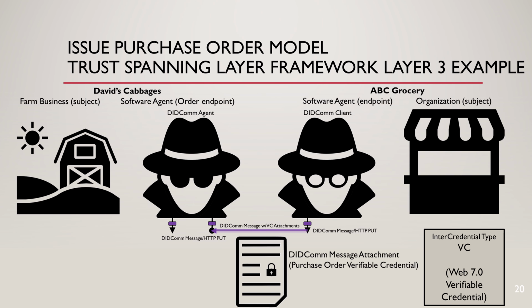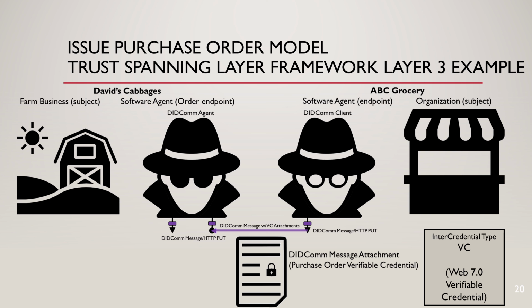Here's the idea of issuing a purchase order and using verifiable credentials to embed or to represent that purchase order. On the right-hand side here, we have ABC Grocery. On the left side, we have David's Cabbages. And ABC Grocery wants to send a purchase order over to David's Cabbages to order 10 cabbages.